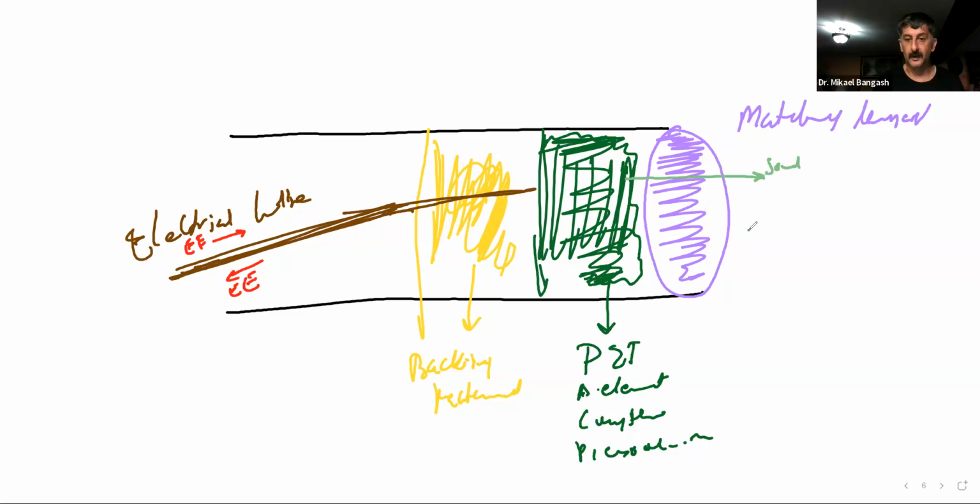And where that sound, when it came back during reception, was converted back into electrical energy.